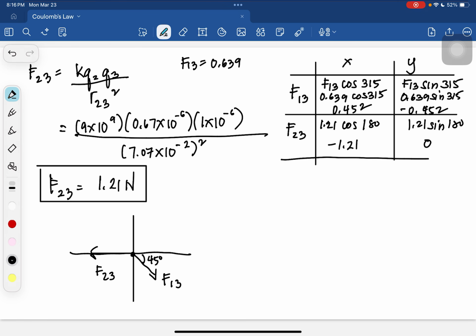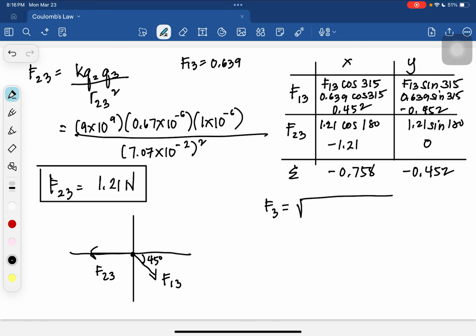And then eventually, if you remember my method in the laboratory, we just sum it all up. So 1.21 minus 0.452, we're getting negative 0.758, and this is negative 0.452. We're not yet done because those are only the components of your summation. So to be able to get the F net, or the F3, will be the Pythagorean theorem.